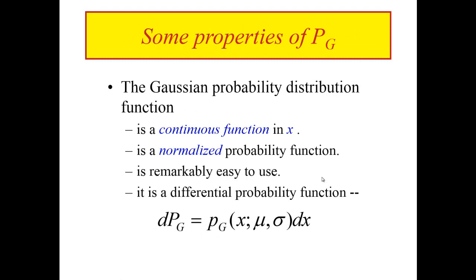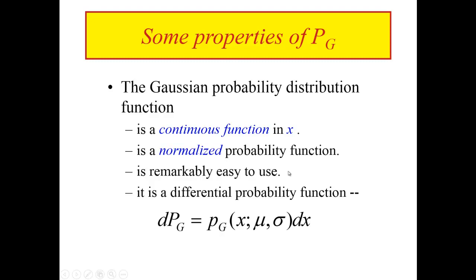So then the properties of the Gaussian probability function: it's continuous in x, whereas for the Poisson and the binomial distribution functions, x was simply the number of events, and it was always an integer. X, in the case of the Gaussian distribution function, is defined so that it can be fractional. It can be decimal, any real value. Of course, it's normalized.